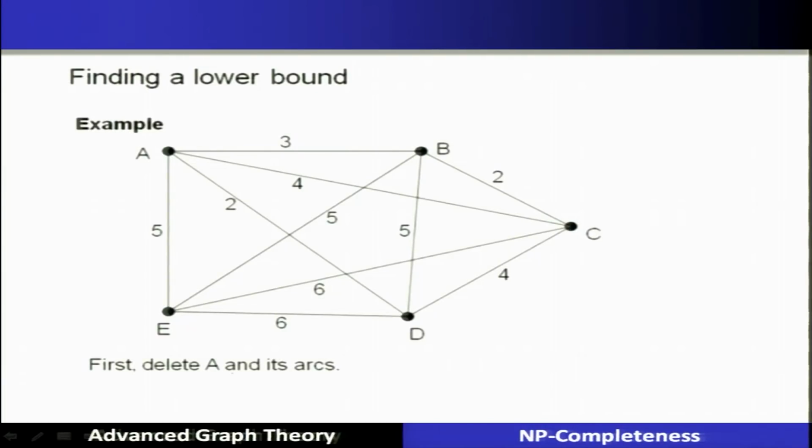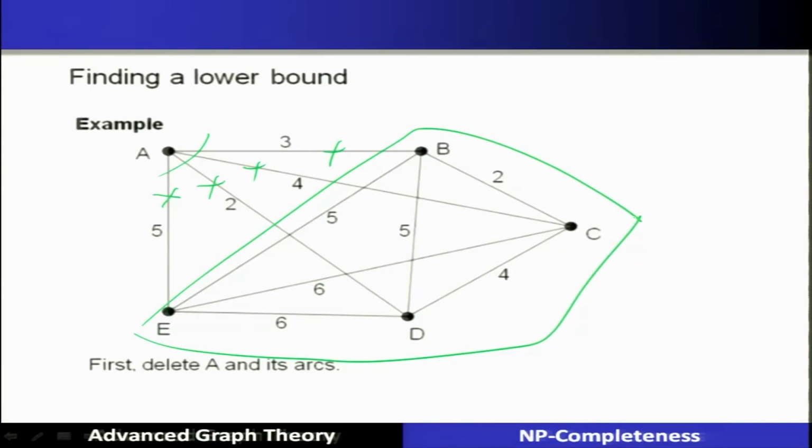So here we are going to delete A and all its arcs will be deleted. The remaining part of the graph after deleting A will be this much. And now here we have to run Prim's algorithm.